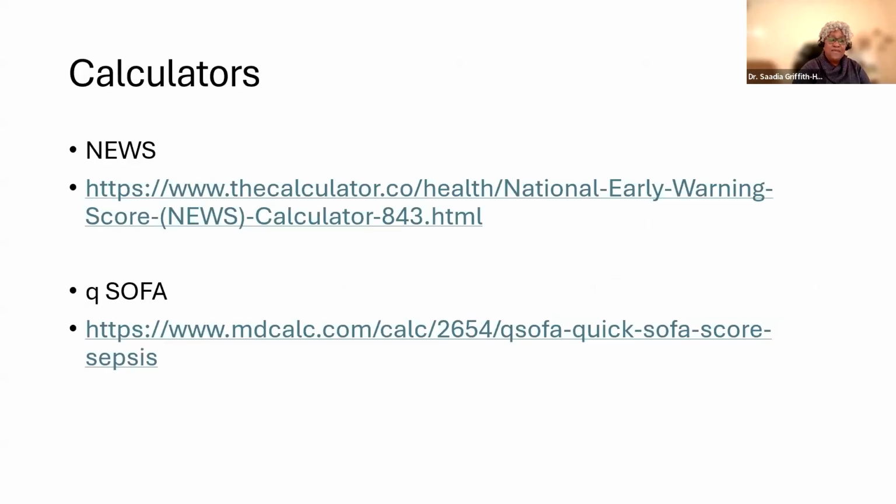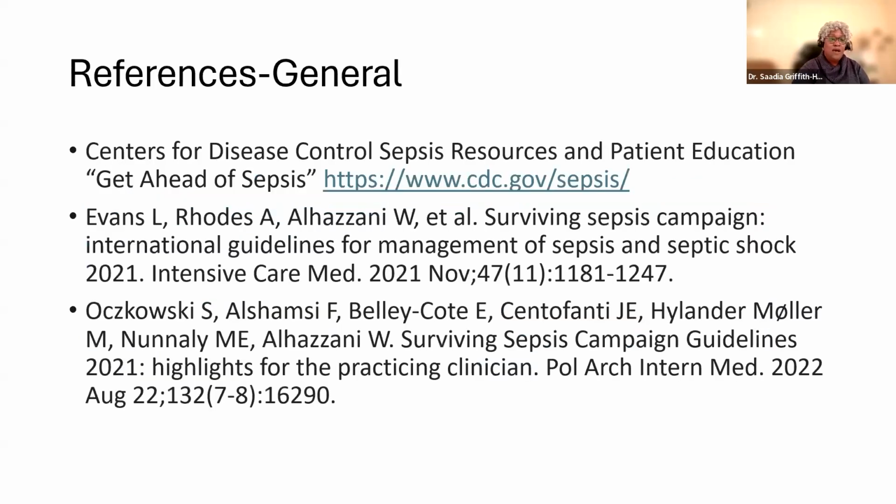So as promised, I included in the slide deck 2 calculator links. So easy peasy, you can go to them and you can quickly, if you have a patient and you're concerned, do a qSOFA score that might help to break you out of some of your diagnostic bias and avoid minimization. The NEWS calculator is there also, more things to look at, but also would be helpful.